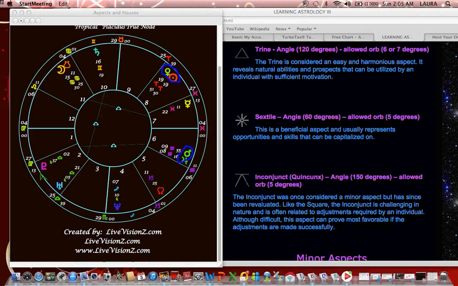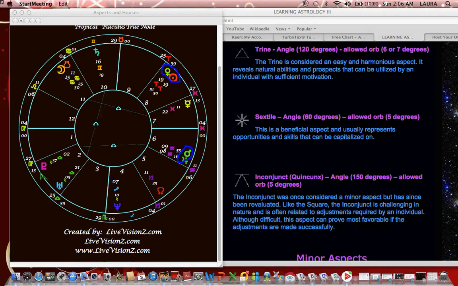So, in my chart, I have Pluto, 2 degrees, trining my Jupiter and Mars in my 6th house in Aquarius, okay? And a trine is 4 signs away. So we're going to do this. Pluto is in Libra, 2 degrees. Wherever your starting point is, you don't count that.